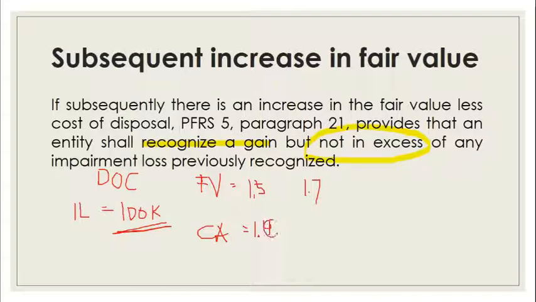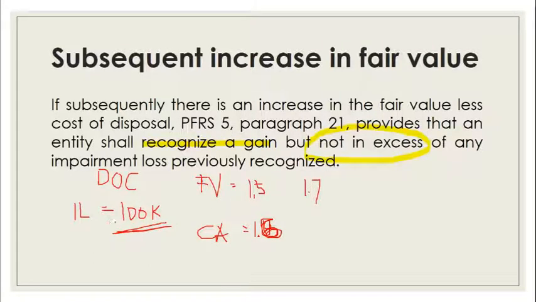Let's make this 1.6 then. Your fair value is lower than your carrying amount, so kana siya 1.5 and 1.6. Mao na ang impairment loss nga 100K. So, if ever mo-change ang imuhang fair value, mahimo siyang 1.7. Dili ka mo-recognize og gain nga 200K. Diba? From 1.5 to 1.7, 200 man.